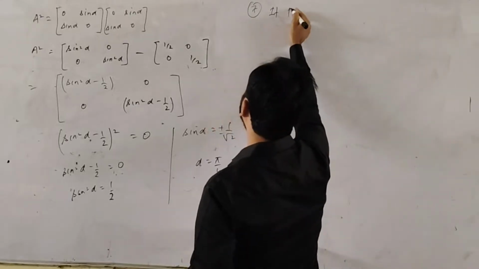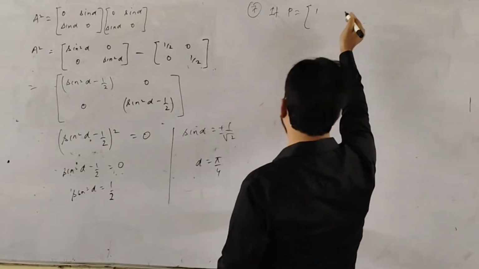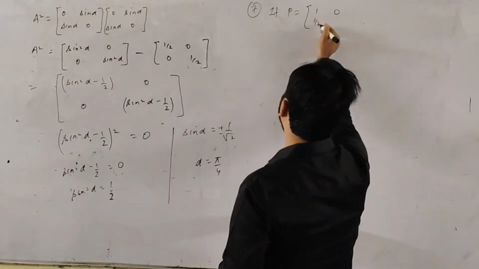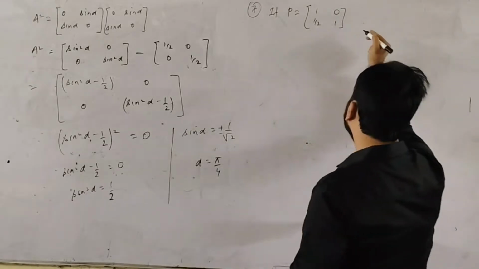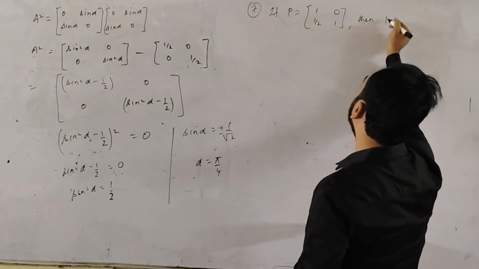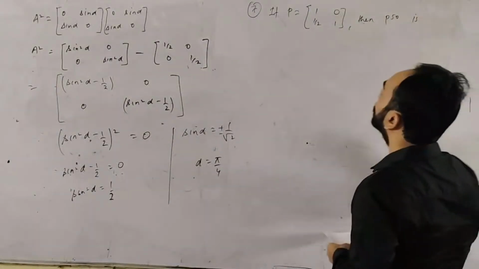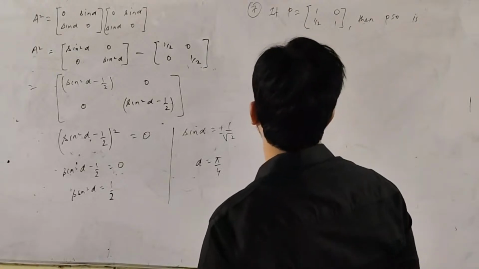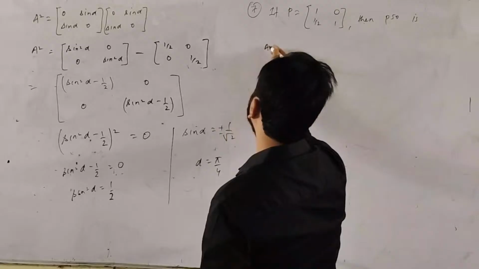If P is equal to [[1, 0], [half, 1]], then we have to find P to the power 50. Options are given as follows.